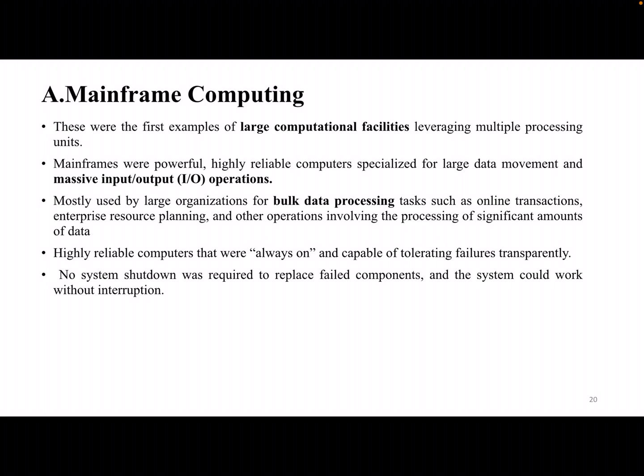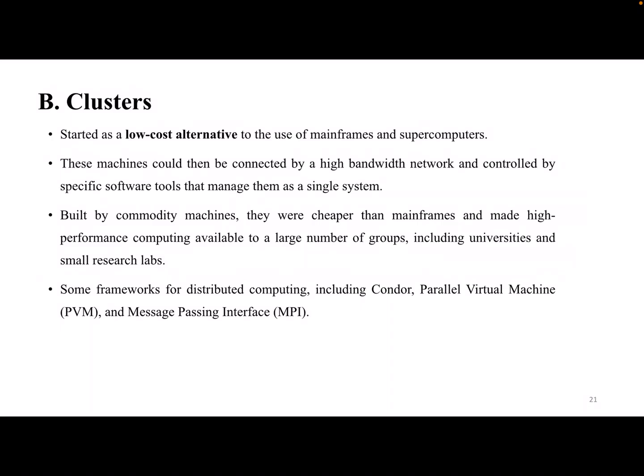They were highly reliable computers that were always on and capable of tolerating failures transparently. No system shutdown was required to replace failed components, and the system could work without interruption.